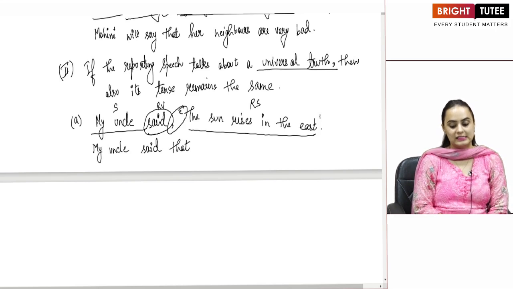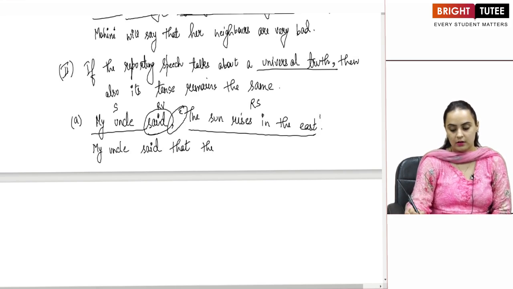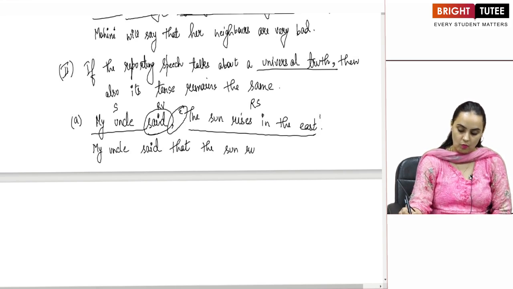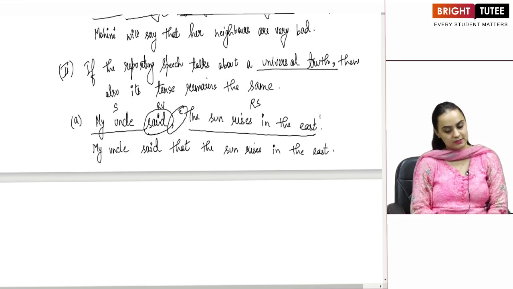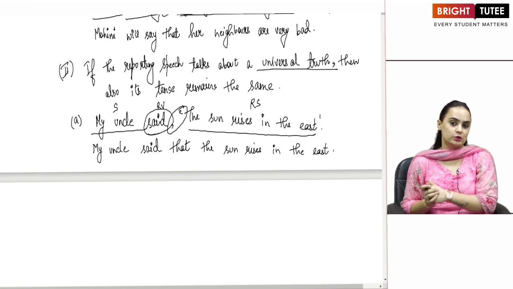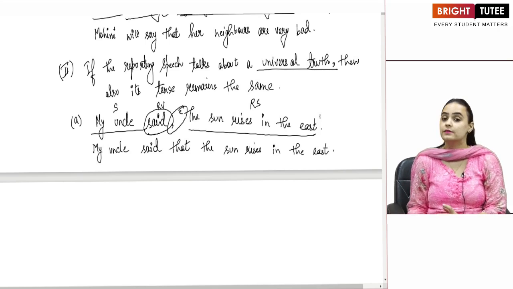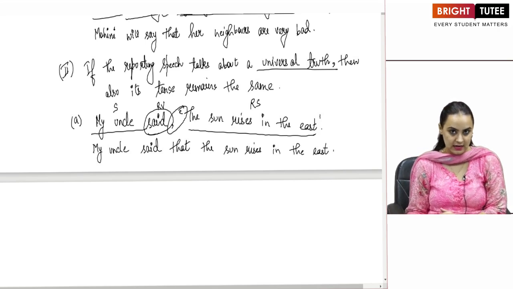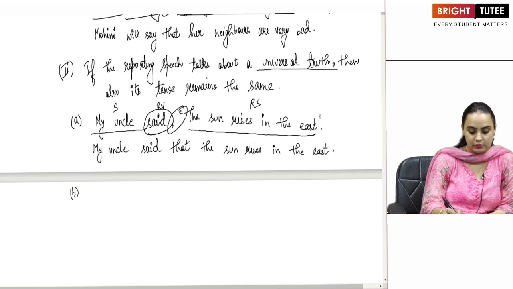So my uncle said that the sun rises in the east, as it is. So my reporting speech, which was a universal truth, has been written just the way it was, without any changes in that.